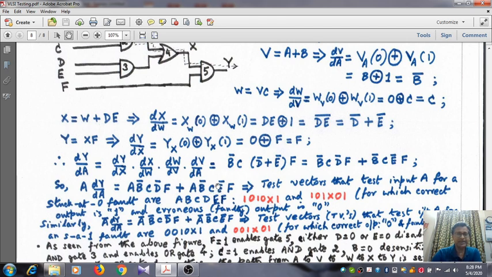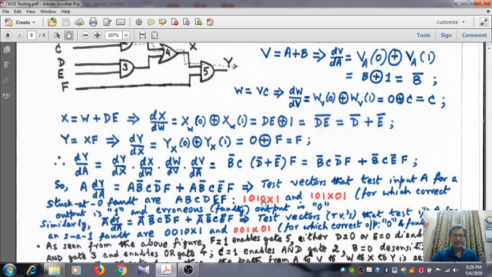Similarly, here you see that D is absent. So from this we get 2 test vectors, 1 0 1, and in place of D we have written X: 1 0 1 0 0 1 and 1 0 1 1 0. But mind you, D and E are never simultaneously 1. The constant thing is that A, B, C are 1 0 1 and F is 1.